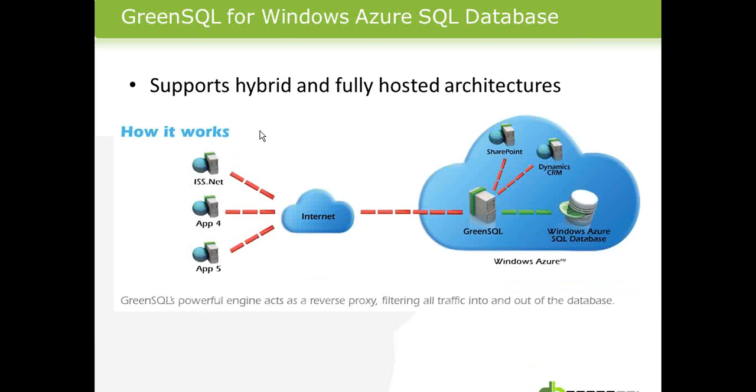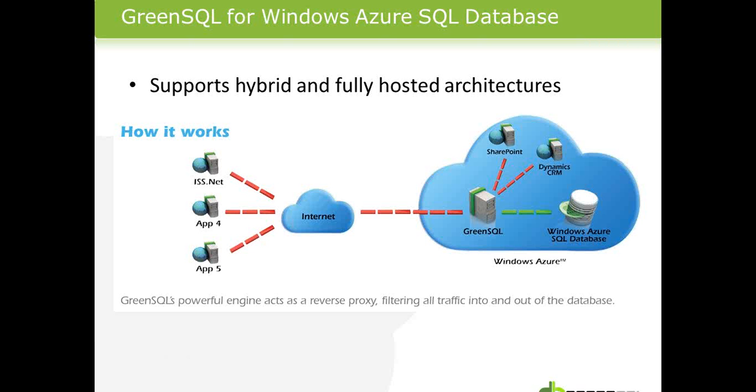The way GreenSQL works on Windows Azure is that you install GreenSQL on Windows Azure on the Microsoft Cloud. GreenSQL intercepts the traffic from on-premise applications, if you're using cloud bursting or a hybrid model where you have your applications both in the cloud and on-premise.